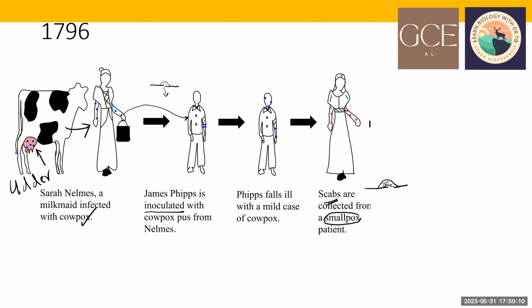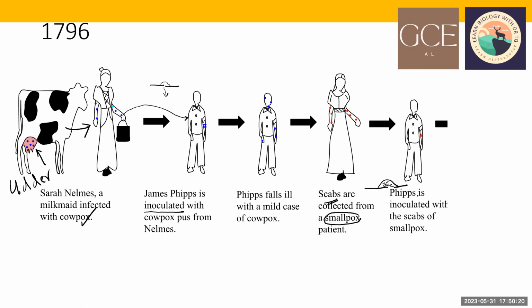And next time, he got smallpox content from a smallpox patient and inoculated it again to the boy. So the boy is challenged with smallpox. That means the boy is first given cowpox into the body, and then the boy is challenged with smallpox. He's unaffected. He's protected. His name is Phipps, unaffected, protected.